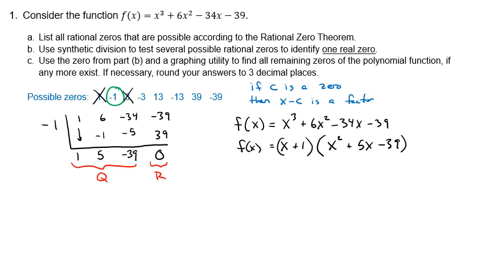And now at this point, moving on to part C, use the zero from part B and a graphing utility. So in this problem, I'm saying, okay, TI-84, maybe you want to use Desmos or some other graphing calculator or online graphing utility to find the remaining zeros of the polynomial function. So we're basically solving this equation. Set this equal to 0.